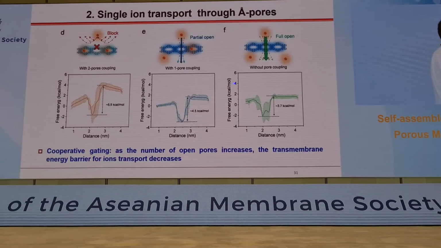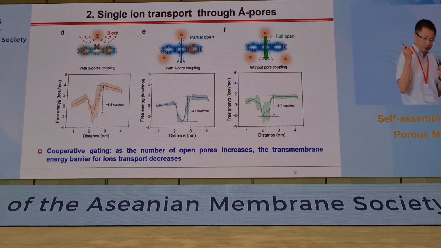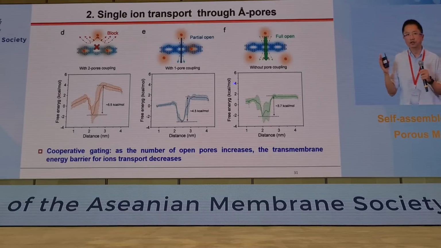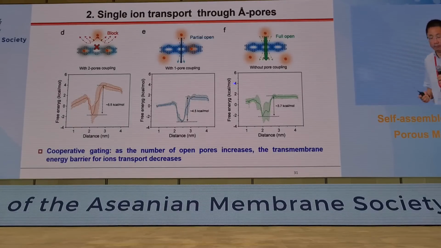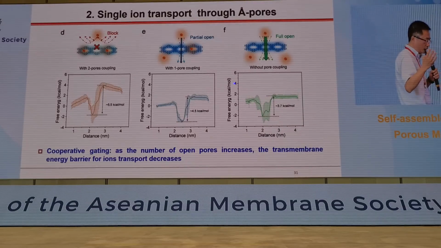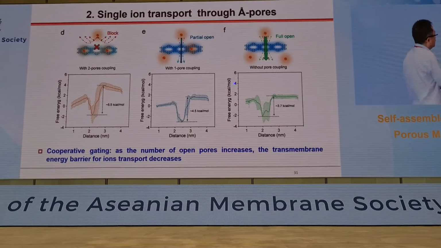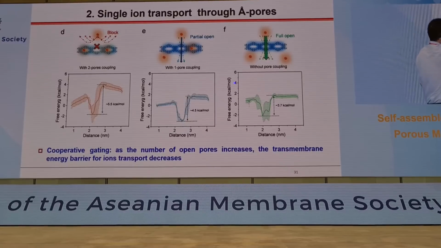More importantly, we found a so-called synergistic effect in this multiple pore system. As we show here, when these pores are totally closed at the low voltage, you will see the transmembrane energy barrier is quite high.